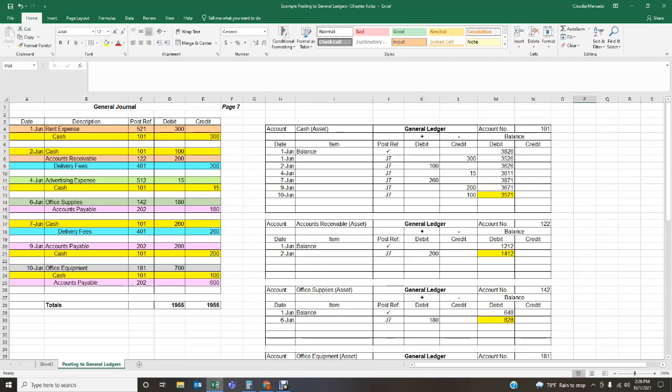And you're just going to copy as is the transactions, okay? Copy over and then calculate the ending balance depending if you have to add or subtract, okay? But that is the process of transferring information from your journal to your ledger. It's not difficult. Make sure that you enter that post-reference information, which is the journal page number on the ledger and the account number on the journal, okay?